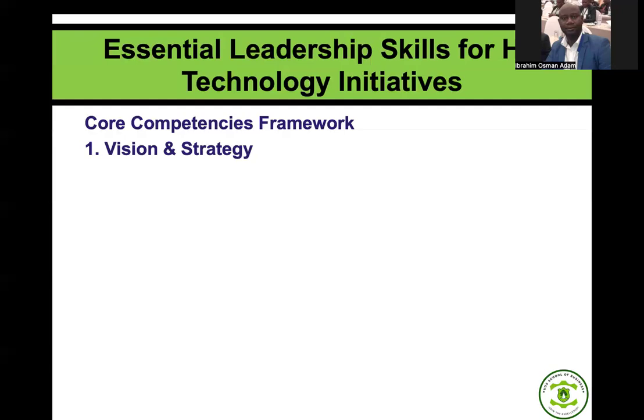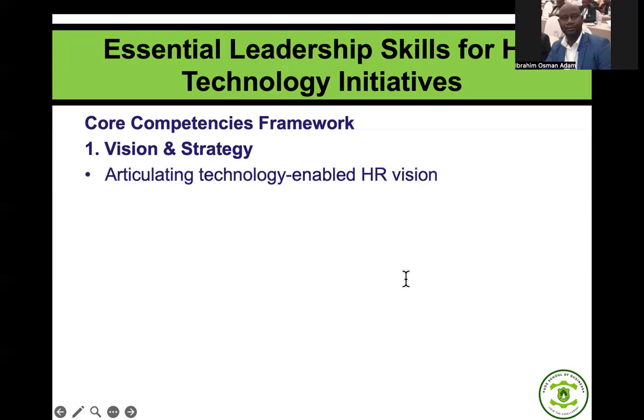Because if you are a leader and you are able to see and articulate a compelling future state, it will motivate your people to embrace the change you are bringing. But if you are not able to properly articulate it, for instance, if it is a technology-enabled vision, you should be able to paint a clear picture of how the technology will transform your human resource function, or how it will improve experiences for employees and managers.